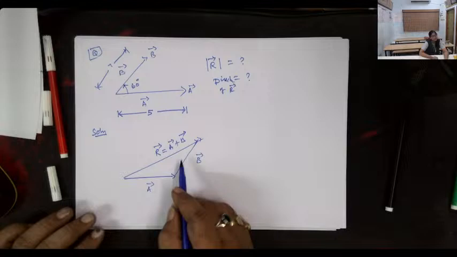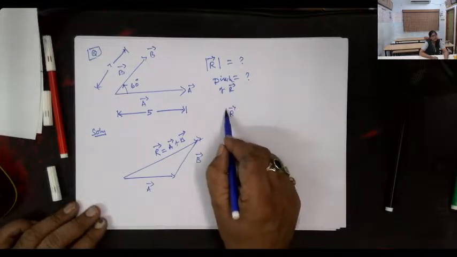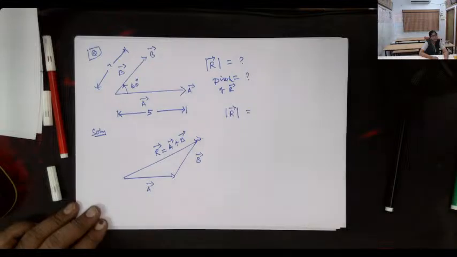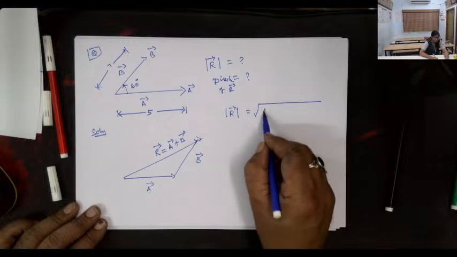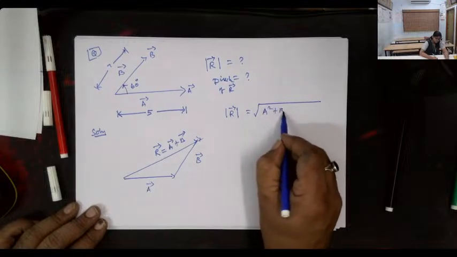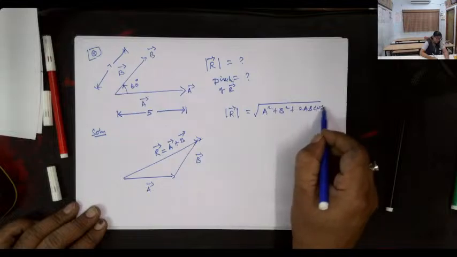So what is the formula for the magnitude of vector R? That is the square root of A squared plus B squared plus 2AB cos theta, right?